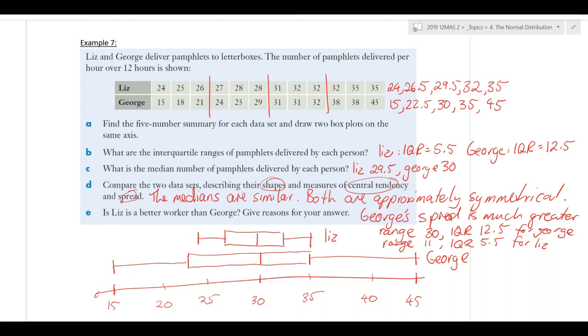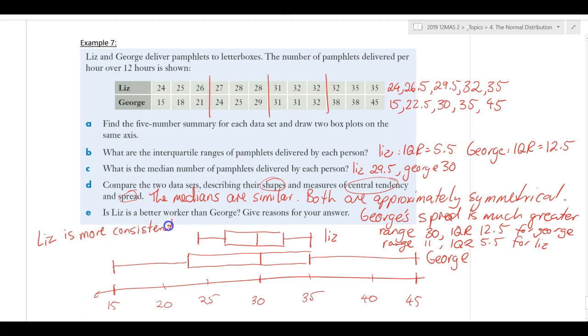Is Liz a better worker than George? Give reasons for your answer. Whew, hard to say, right? The number of pamphlets they deliver, sort of long-term average, is pretty similar. Liz is more consistent, I think we could say. Liz is more consistent. And maybe that's a good thing.